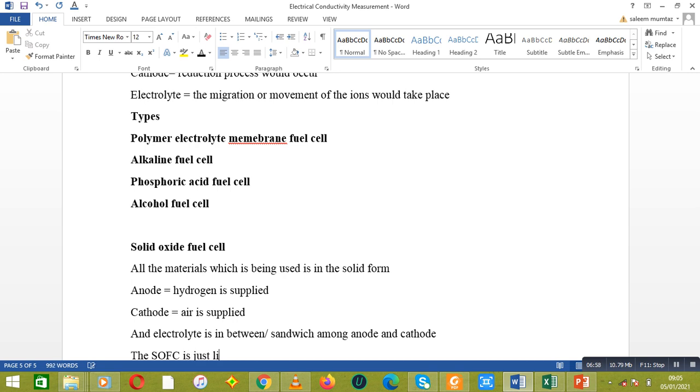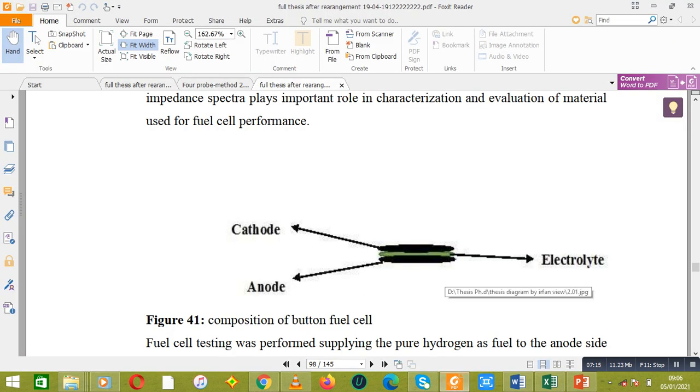Here you can see the three components and how they are arranged. At the upper side there is a layer of cathode, the electrolyte is sandwiched between the two electrodes, and beneath these two layers, the third layer belongs to the anode.